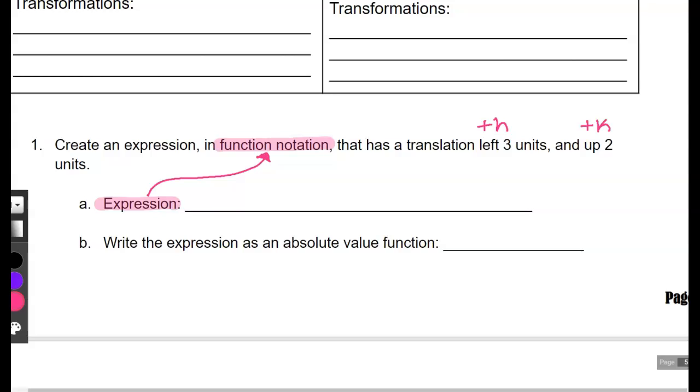Now give me a letter. It could be any function. Give me a letter. Q. Okay. So we're going to define this function as Q. Now, with the x inside of the function, what do I write? Plus 3. So inside of our parentheses, inside of the function, there's going to be an x plus 3.